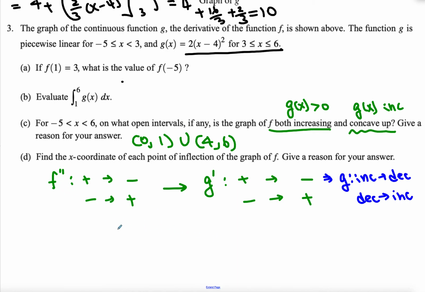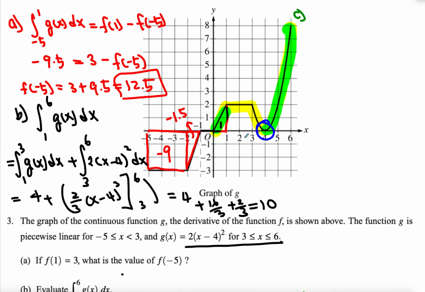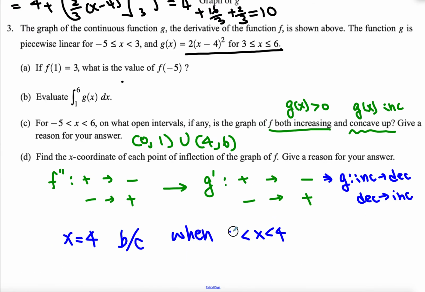So when x is less than 4 and greater than 3, g prime was negative, so f double prime is negative.